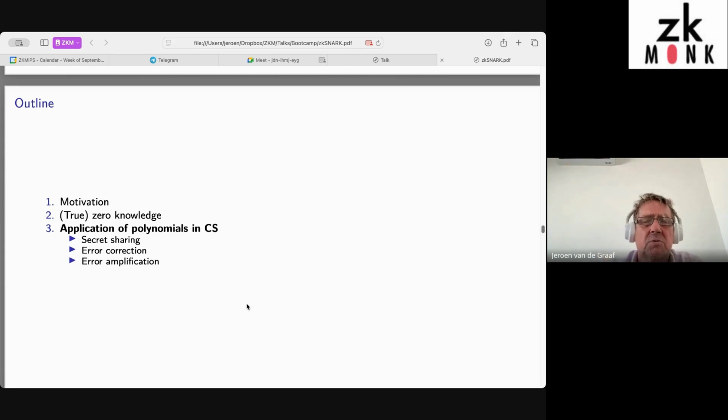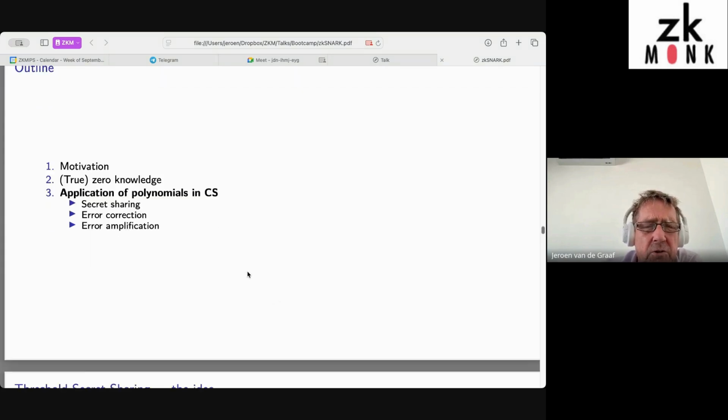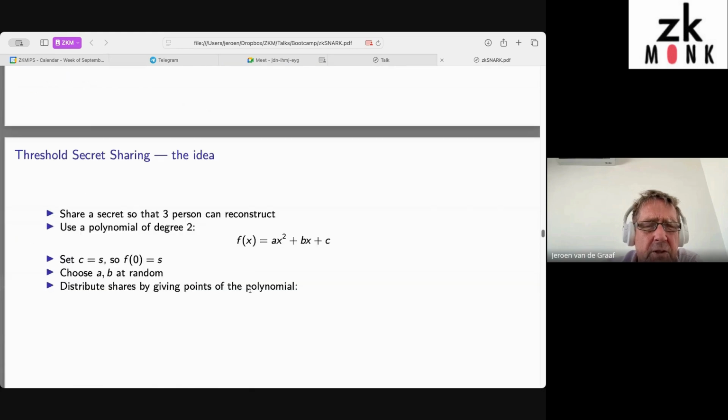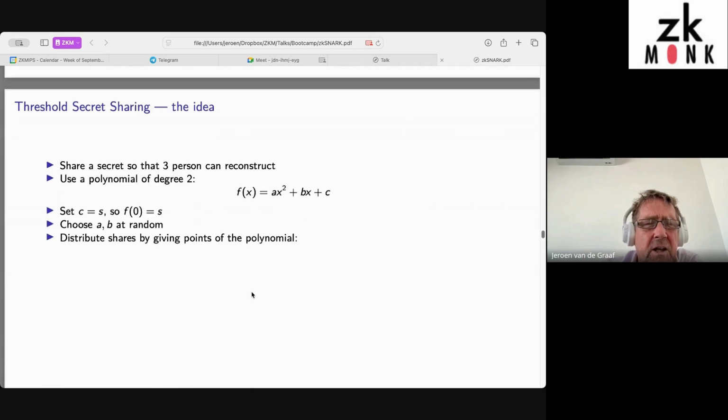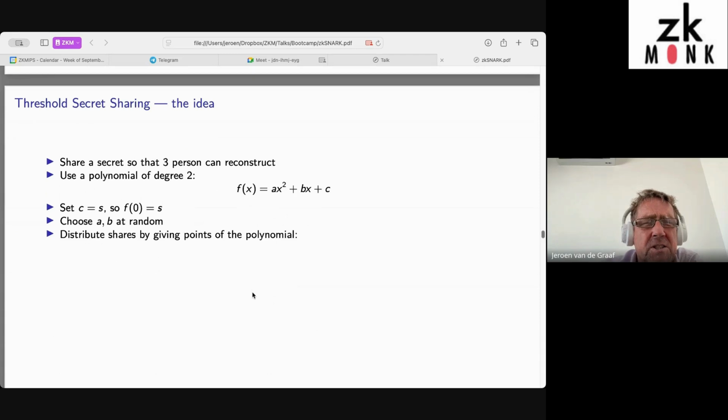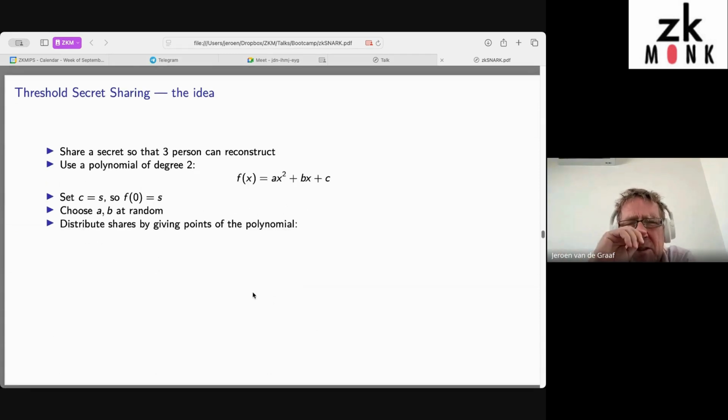So how does this work? I'm going to give you three small examples of how polynomials are used in computer science. The first one is called Shamir secret sharing, which may seem sort of off topic, but it helps you understand what will come later. Suppose that we have a secret that we want to share with three people.